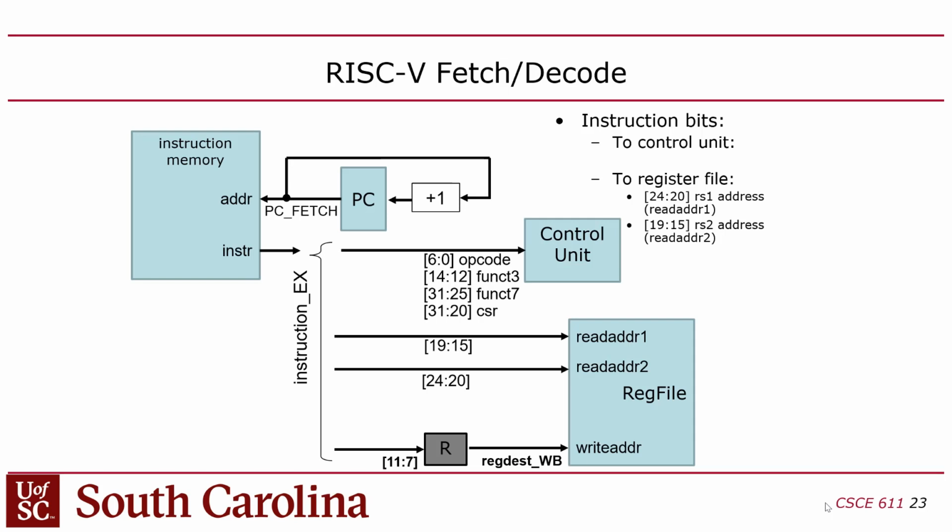Remember in MIPS they called them RS and RT. Never figured out what the T was. But this is RS1, RS2. These are the two source input registers. Then you have RD, which is the destination register, and that's bits 11 down to 7. Now this one is problematic because the destination register isn't used when the instruction is executed. It's used when the instruction is written back. So as a result, you have to put a pipeline register there.